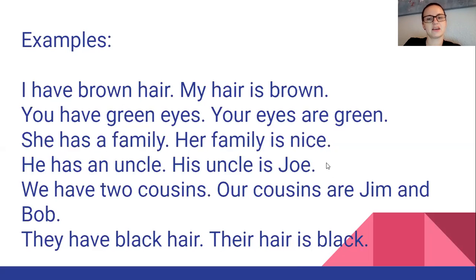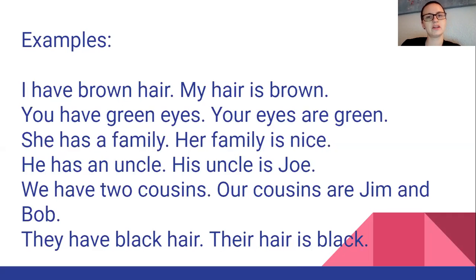But if I say his uncle is Joe, so some guy has an uncle, his uncle is Joe, right? So if I say his uncle, I can tell you who the uncle belongs to, and I can also give you more information about that uncle. In this case, I can tell you what his name is.